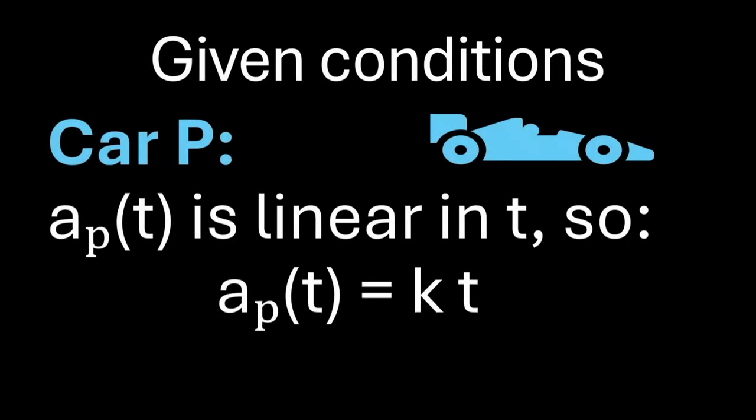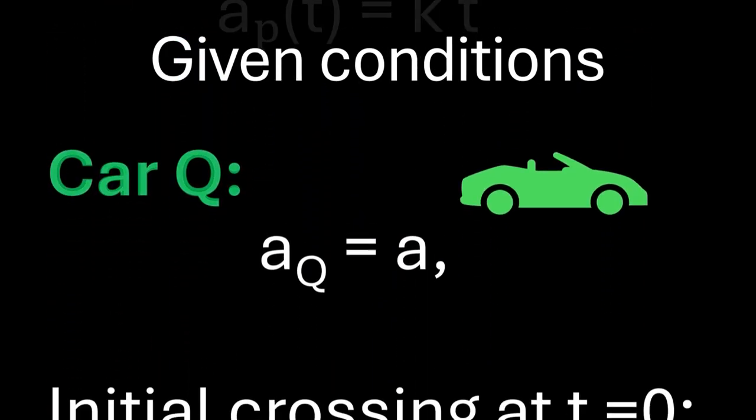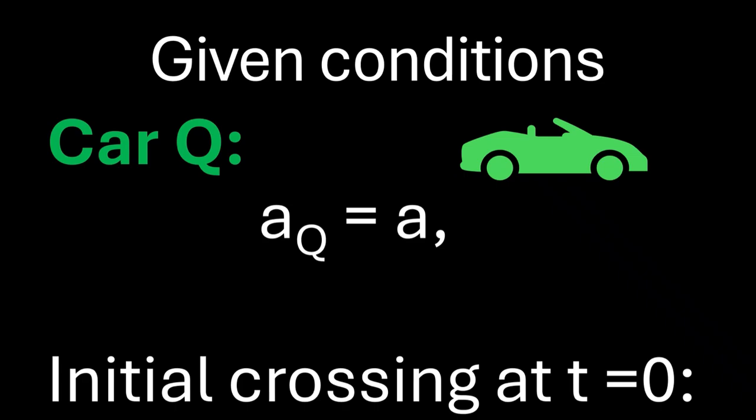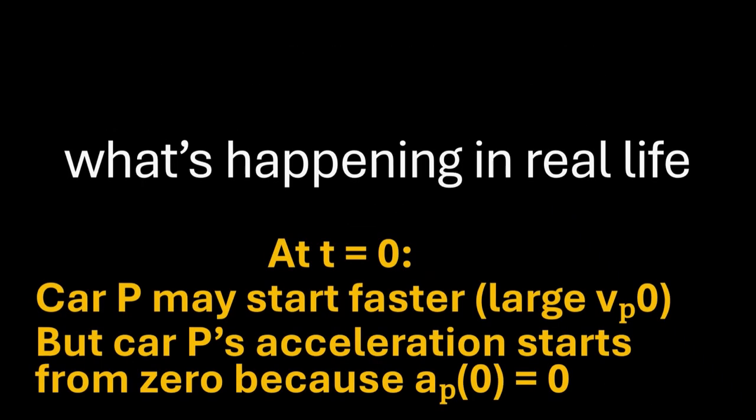Now, what are the given conditions in the question? It is given to us that there's a car P whose acceleration is linear, which means acceleration of P with respect to time is kt, right? And acceleration of car Q is constant, therefore a_Q is constant. Now, what is happening in real life?